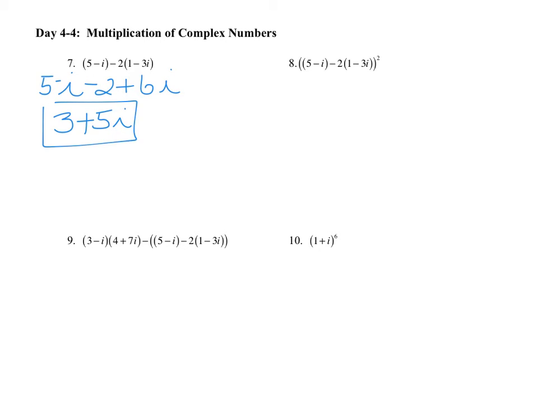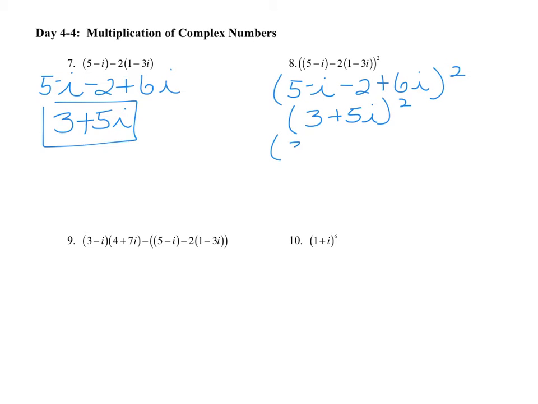Number 8 has a lot going on in the parentheses, but then everything is being squared, so we have to neaten up inside the parentheses first. So I have 5 minus i, distribute through that -2 and get a -2 plus 6i. The whole thing squared. Let's see what else I can do. 5 minus 2 is 3. -i plus 6i is plus 5i. The whole thing squared.